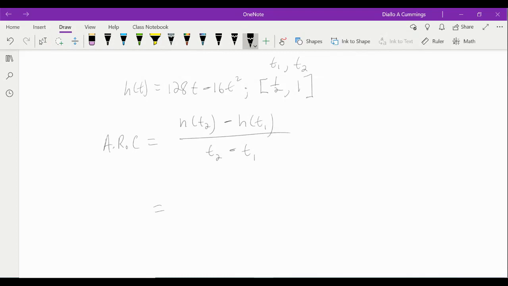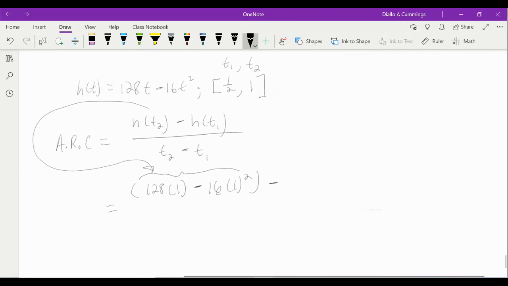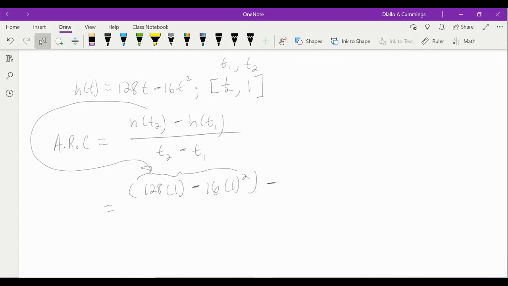So I'm going to write this out as h of t sub 2. That's going to be 128 times 1 minus 16 times 1 squared, right? That's going to give me h of t sub 2 minus h of t sub 1. So I'm going to substitute in t sub 1 for 1/2.